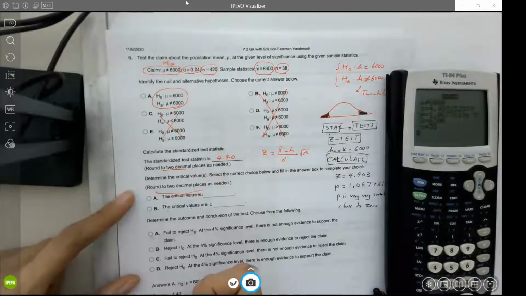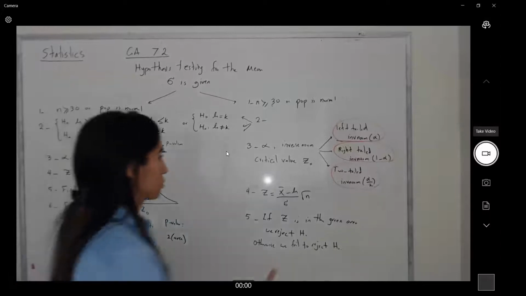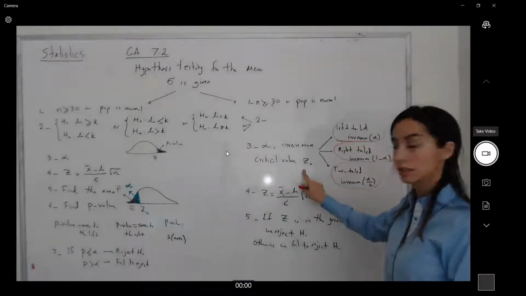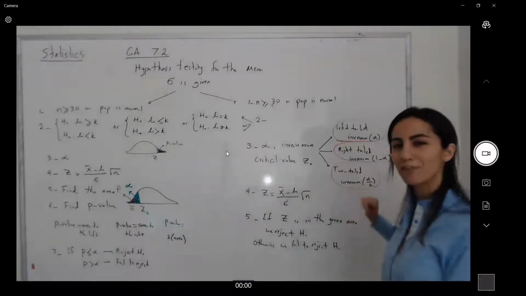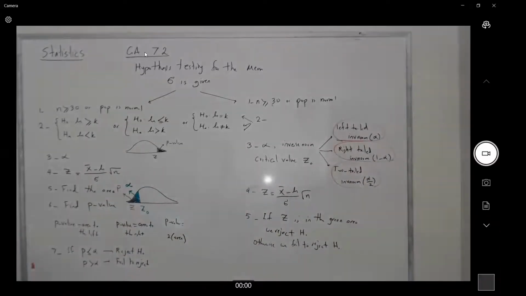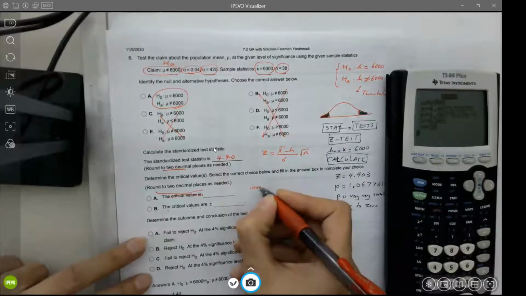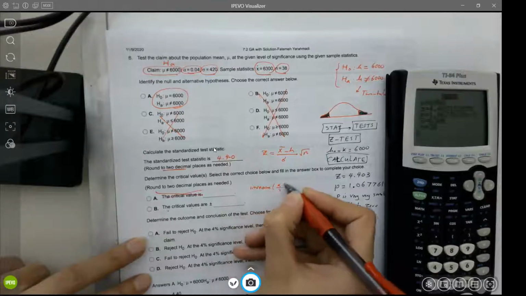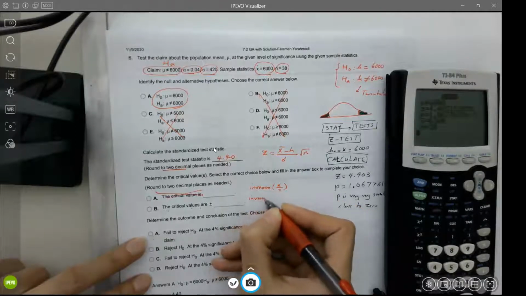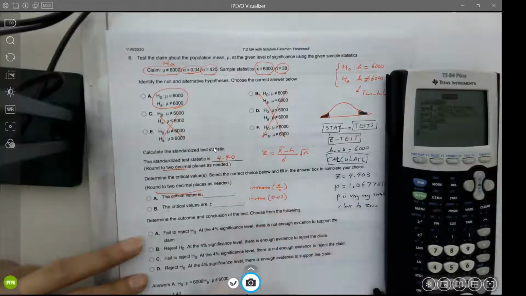How do we find critical values? To find critical values, we have to take a look at the board. To find critical values, we use inverse norm of alpha divided by 2. What is our alpha? Alpha is 4%, so we get 2%.